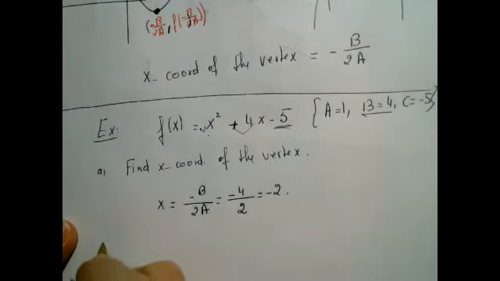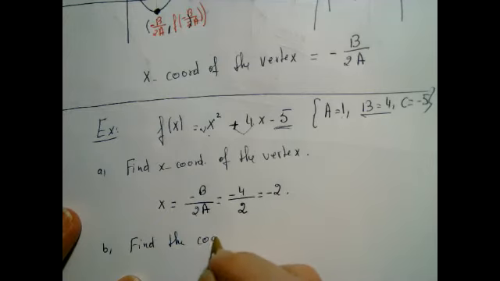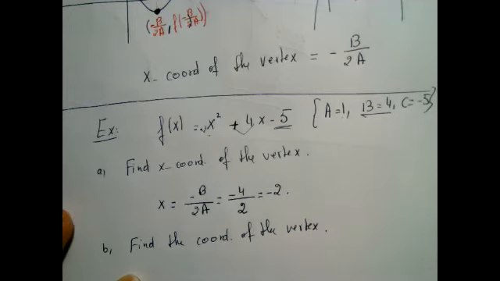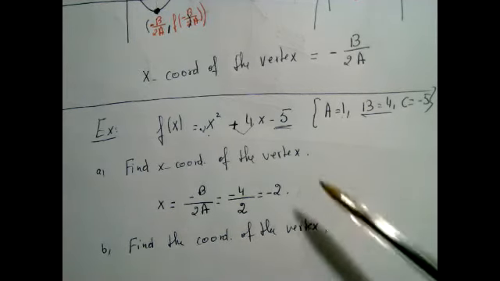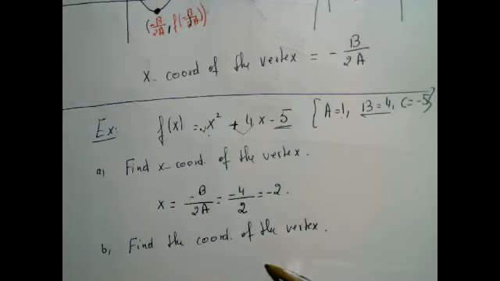Question number 2 is find, not the x coordinate, both coordinates. So find the coordinates of the vertex. What's the difference here? The first one, I'm only asking you about the x coordinate. Right here, I want the x and the y coordinate of the vertex.